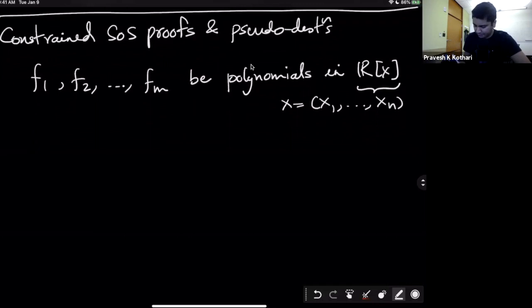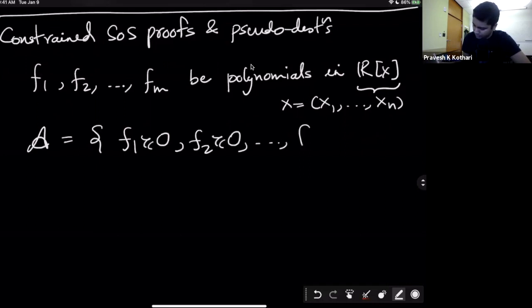So consider the following system of inequalities: f1 bigger than or equal to 0, f2 bigger than or equal to 0, and so on up to fm bigger than or equal to 0. Okay. So this is just a system of polynomial inequalities.